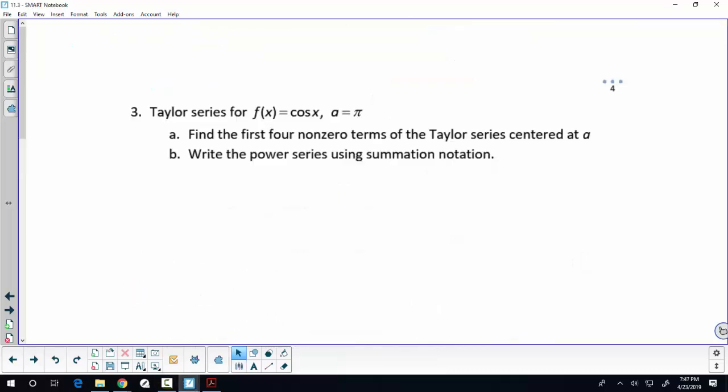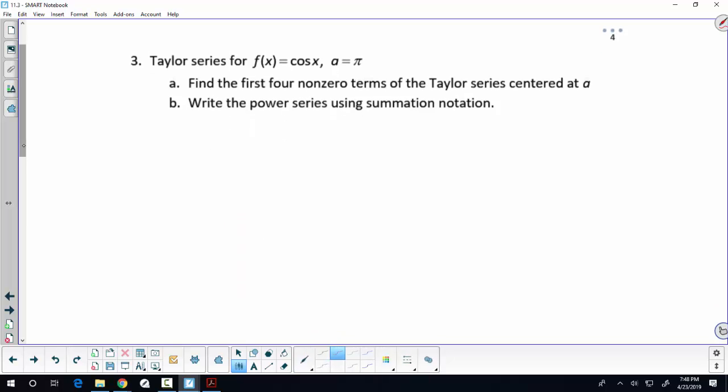Now let's go back to our example number 3 that we skipped. We're kind of running short on time, so I want to just mention that since a is equal to pi, the terms you're coming up with have our coefficient times, this time, x minus pi, making that polynomial up.